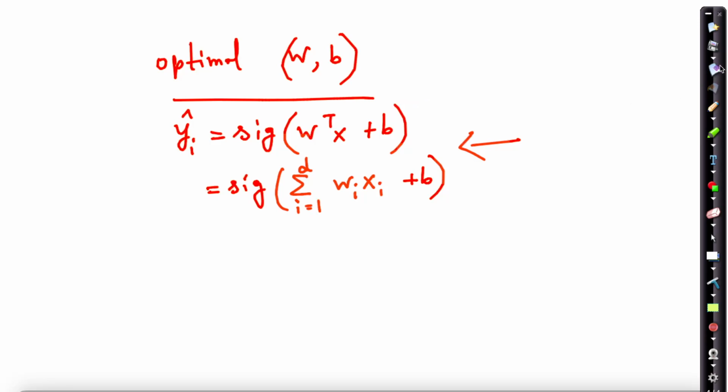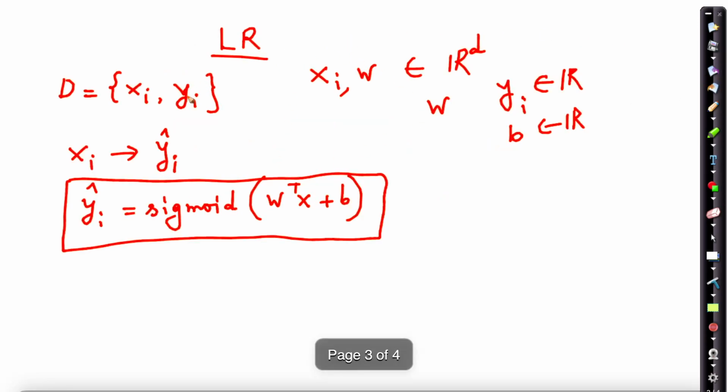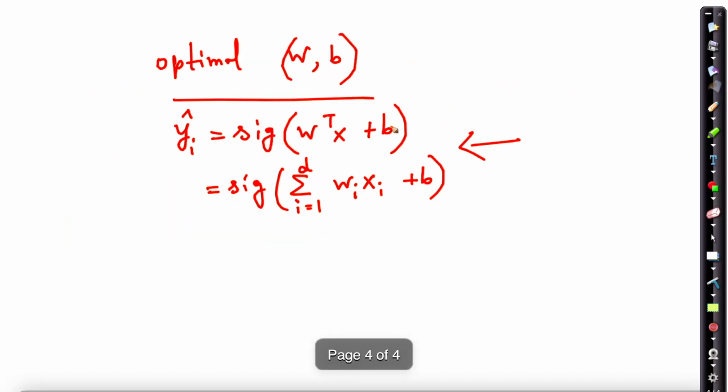How did we train it? We trained it to find the best w's and b, right? You can go back to the logistic regression video and see the optimization equation, where we found how to minimize over w and b using gradient descent.